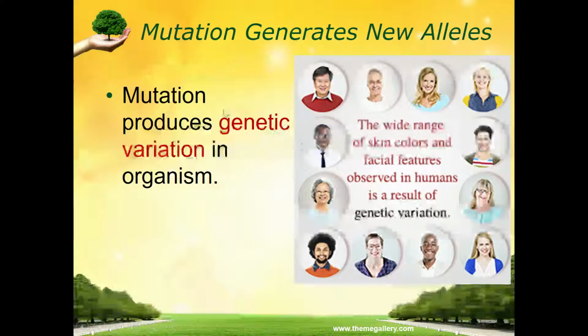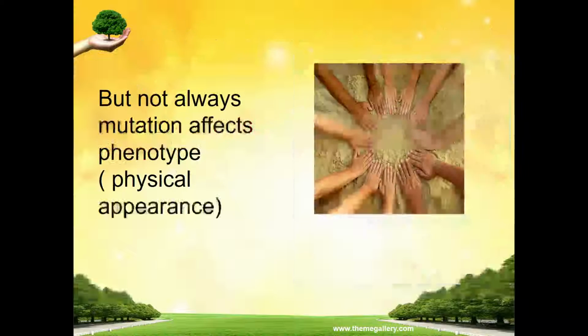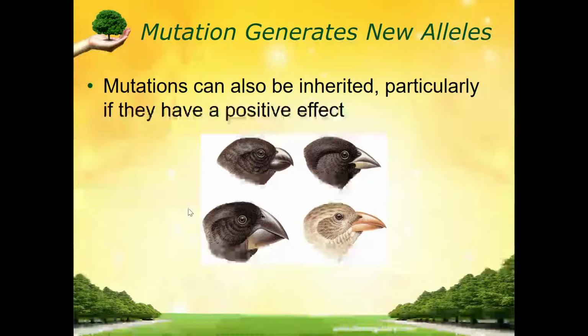This way, genetic variation is useful because it helps populations change over time. But mutation does not always affect phenotype or physical appearance, as we will see. Variation can also be inherited. Variation that helps an organism survive and reproduce is passed on to the next generation.